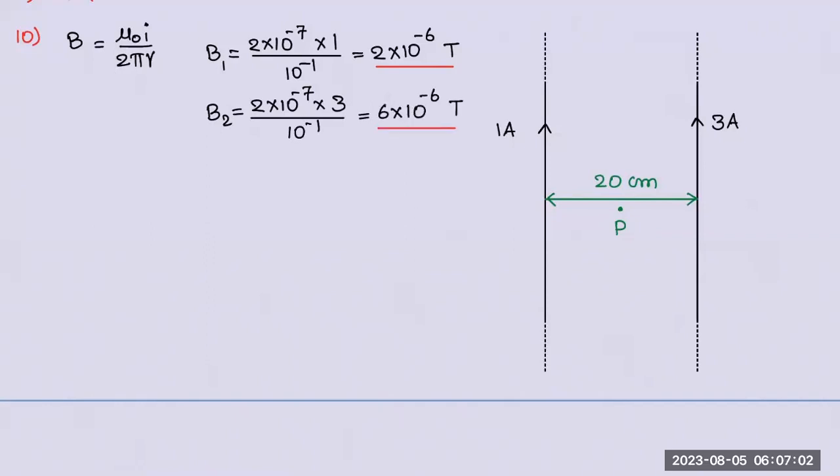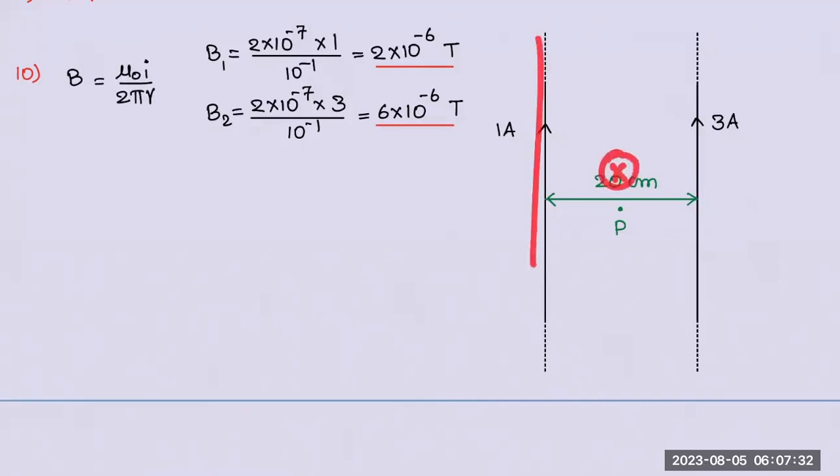These two are fine. The only problem is direction. Because of this infinite long wire, the magnetic field will be inwards, and for the other infinite long wire, outwards.